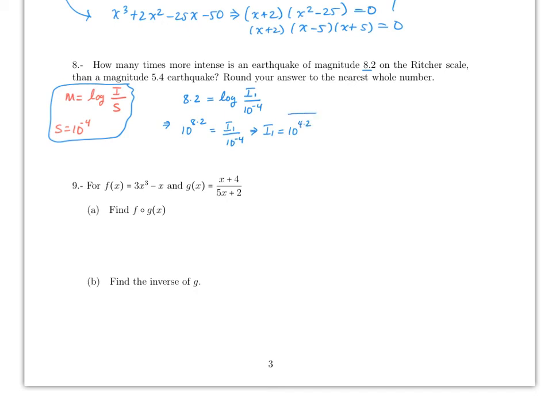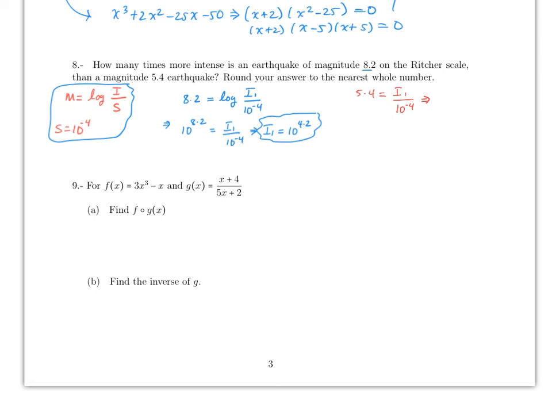So this is the intensity of the first one. If we do the same thing for the second one, which was 5.4, then 5.4 is equal to I2 over 10 to the negative 4.